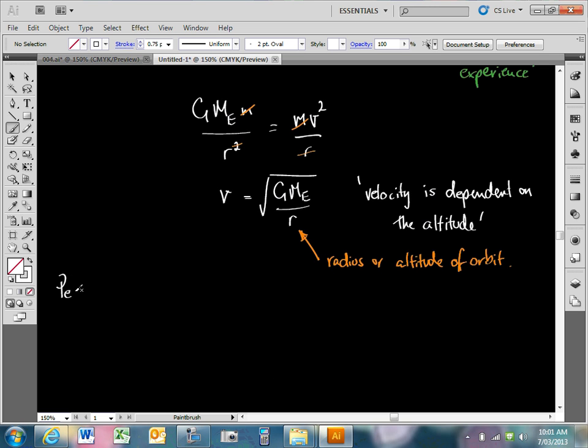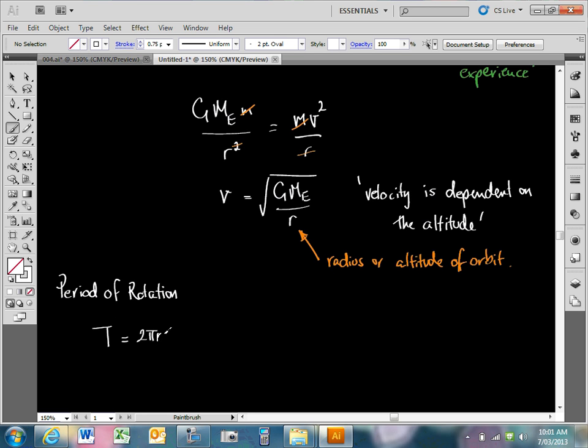What's a formula for the period of rotation? Capital T for period. Period of rotation is the time it takes in seconds to do one full oscillation, isn't it? And one full oscillation is one orbit around the Earth, one full orbit around the Earth.